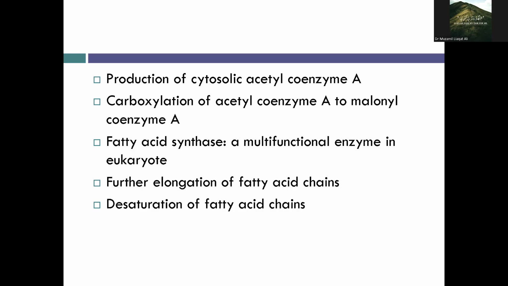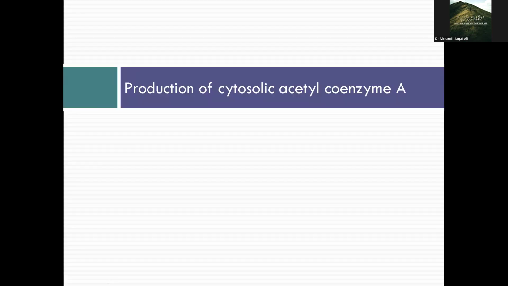Where does NADPH come from? Mostly from the pentose phosphate pathway. That's why defects in that pathway affect fatty acid synthesis. The star of the show is the fatty acid synthase, FAS, a giant multifunctional enzyme complex in eukaryotes. We will walk through all 7 steps.